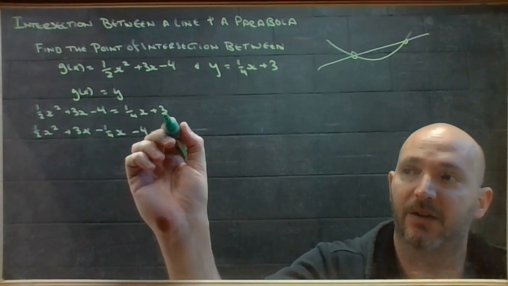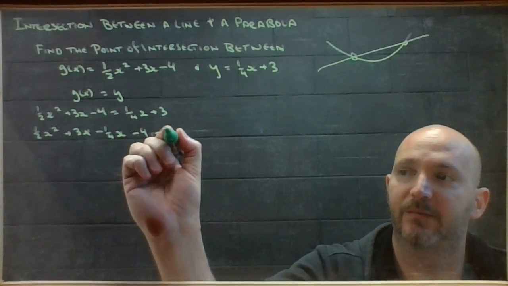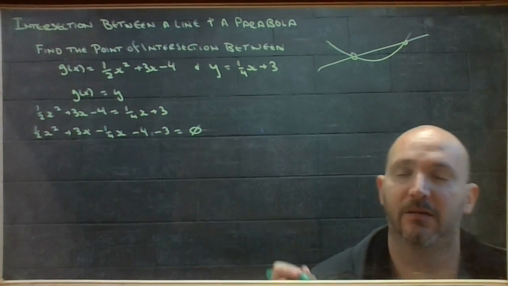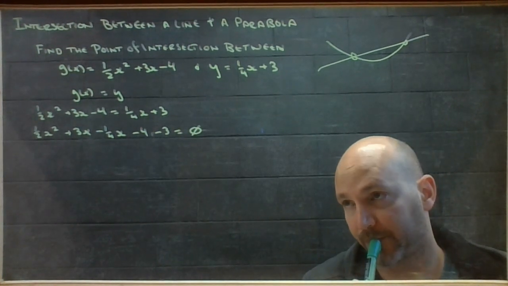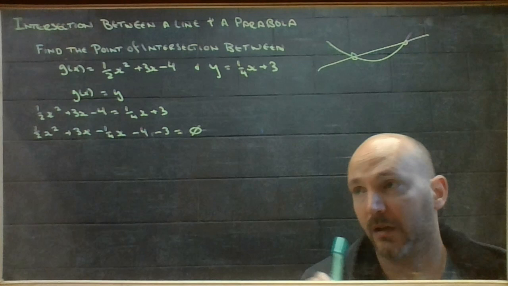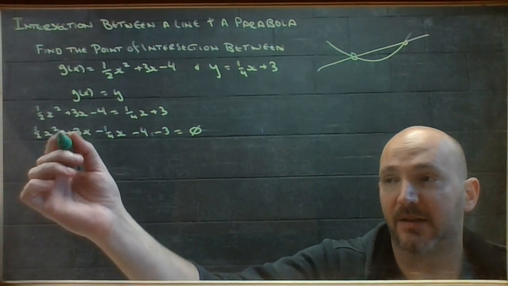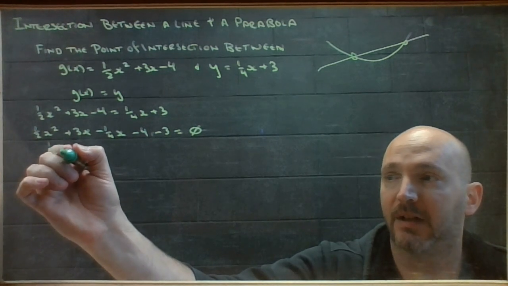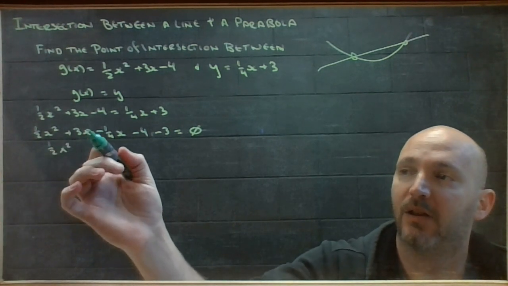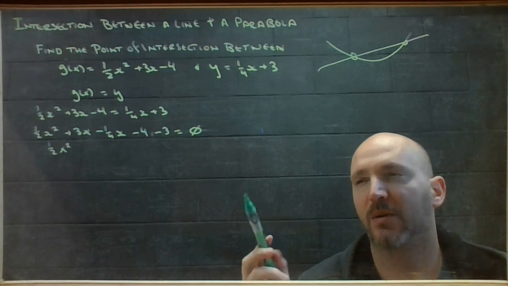And I'm going to subtract 3 to move this over, leaving nothing on the right-hand side. There are no like terms to gather for this one. It's the only x squared. So I have 1/2 x squared. 3 x's subtract 1/4 of an x.